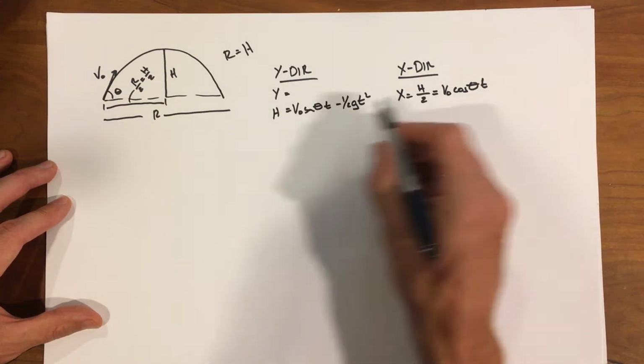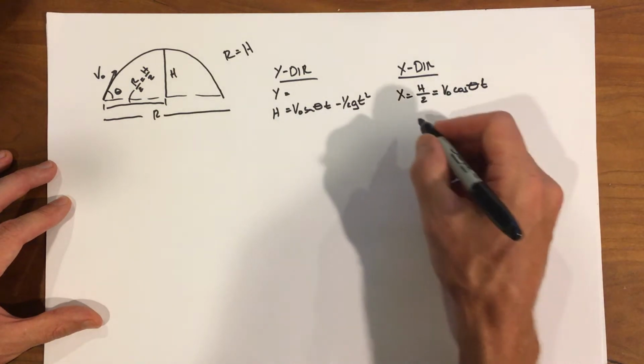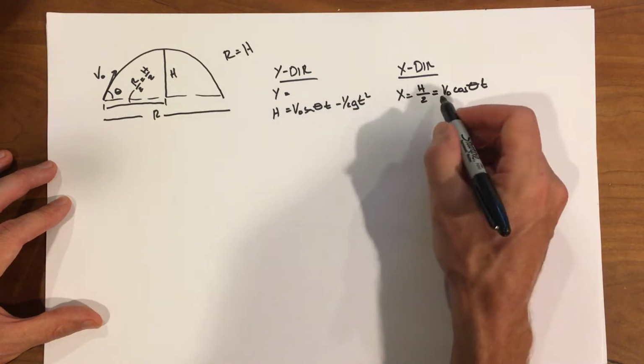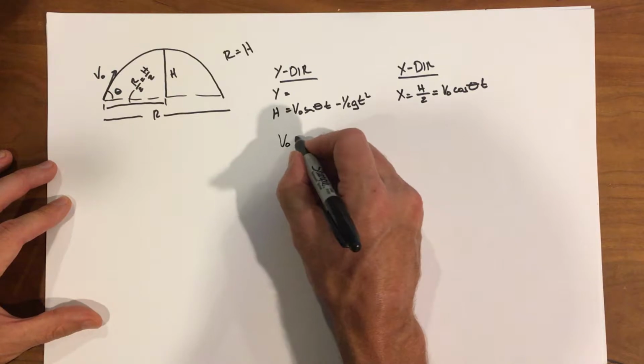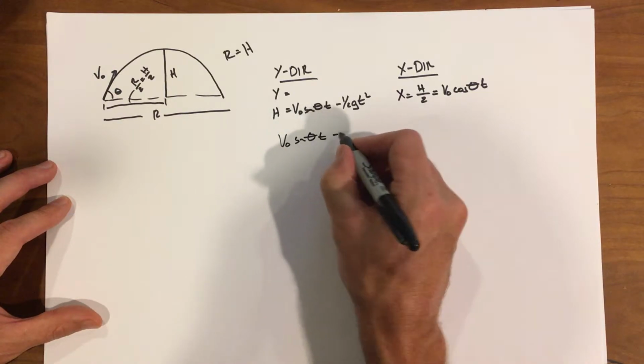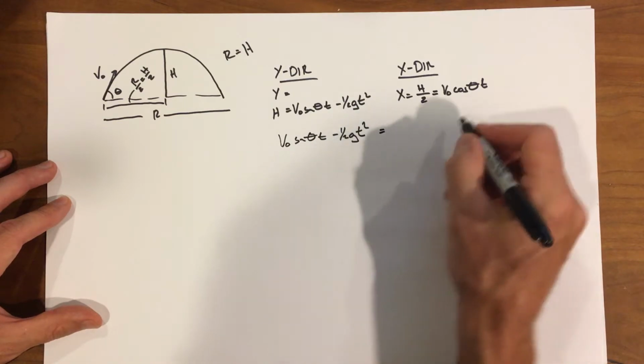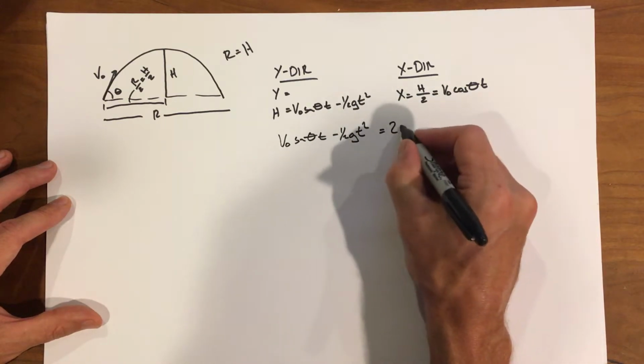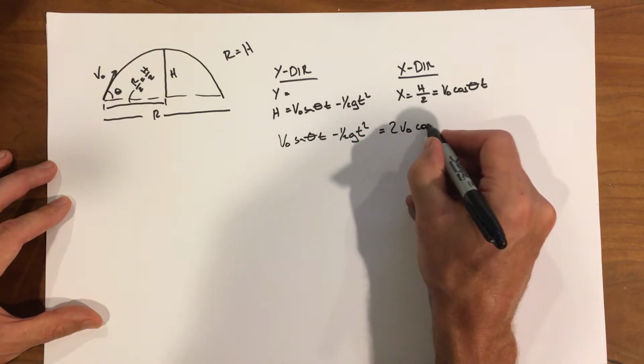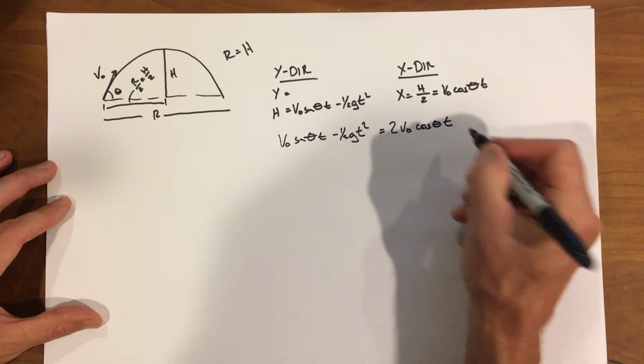So look, I have an H here, so I will set these equal to each other. I have v naught sine theta t minus 1/2 g t squared equal to, I'll pull the 2 over here, 2 v naught cosine theta t.